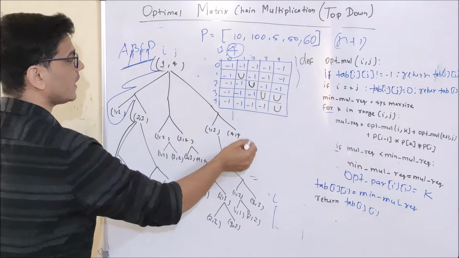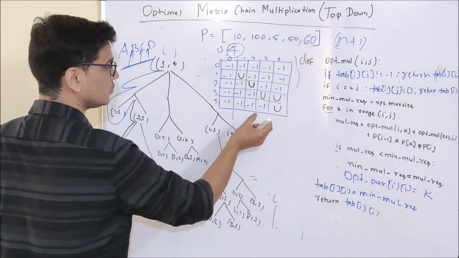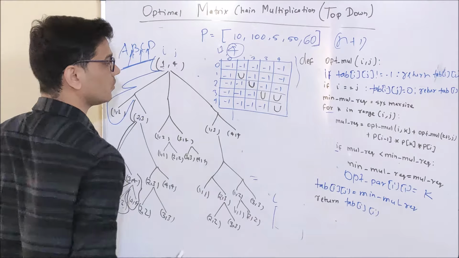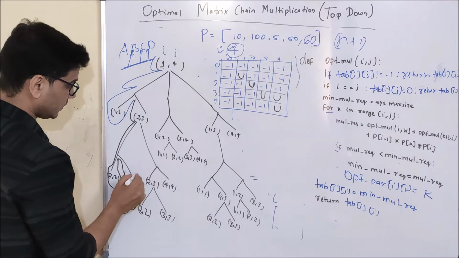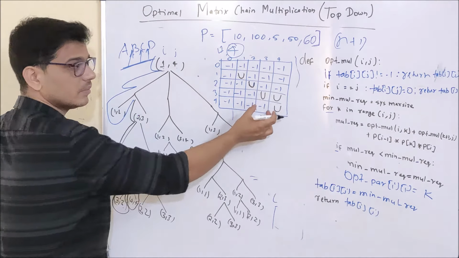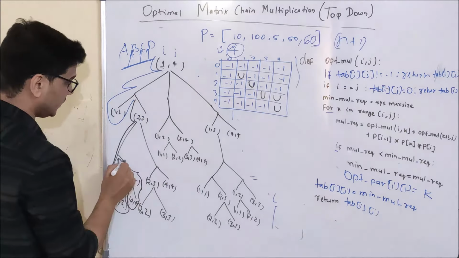And what is this u? I am denoting that I have calculated this value, and for each explanation I am showing you that I have updated this particular value in the table using this particular code. Okay, actually it will be some number. For easier explanation I am using u, that is I have updated.